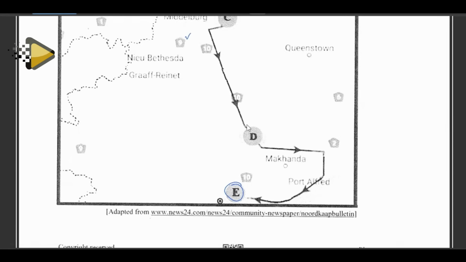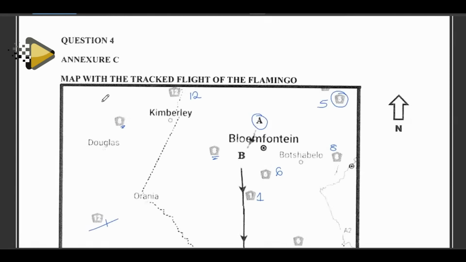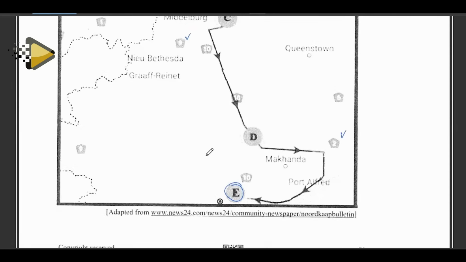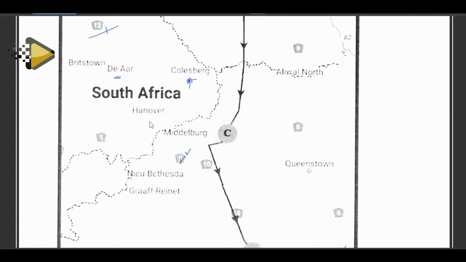We have N2. So when you count them, we say 1, 2, 3, 4, 5, 6, 7, 8. So there are 8 of them. 8 national roads.